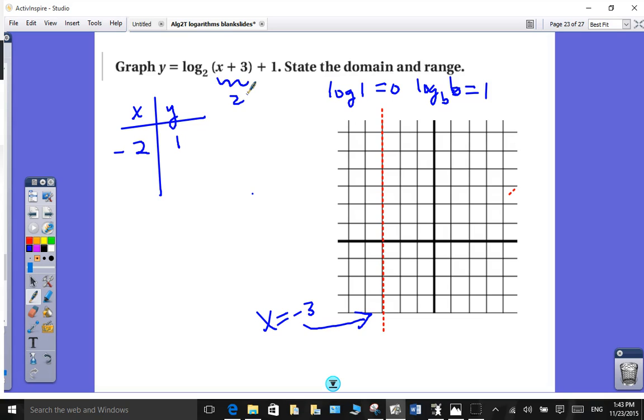And the log of, no, that's not in the logarithm. You can't add that. That's outside the logarithm. So when you put in a negative 2 here, now you're going to take the log of 1. And the log of 1 is 0. That's a property, right? 0 plus 1 is 1. Okay, now what value of x will make x plus 3 equal 2? Negative 1, right? This is arithmetic here.